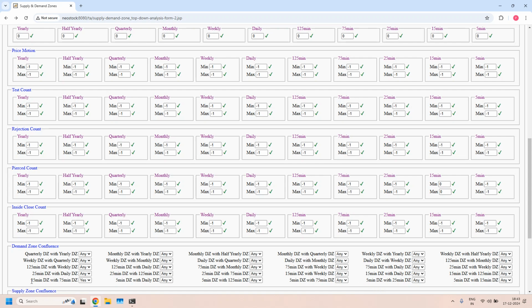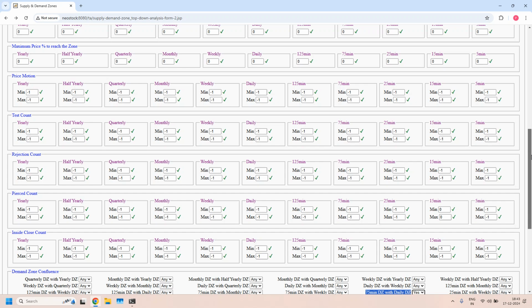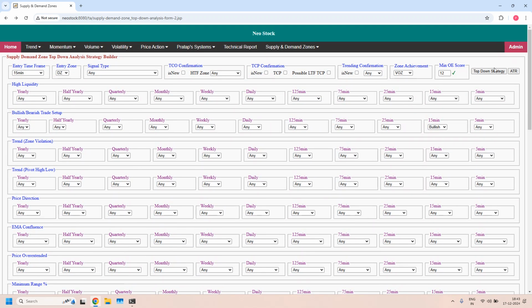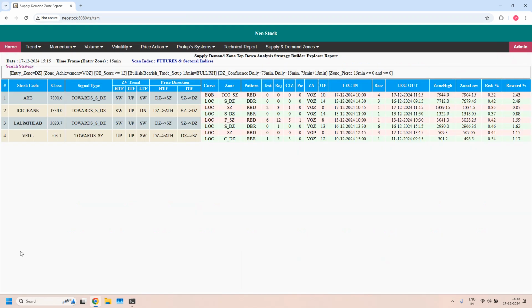First, we already enabled 15 minutes with 75 minutes. Second filter, 15 minutes demand zone with daily demand zone confluence. Third filter, 75 minutes demand zone with daily demand zone confluence. With all the 3 filters, we got 4 stocks.